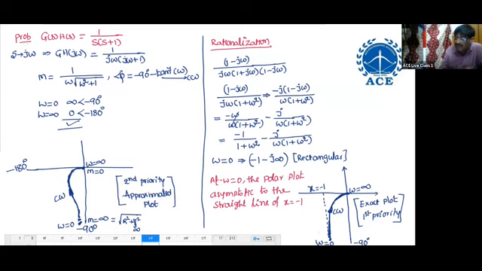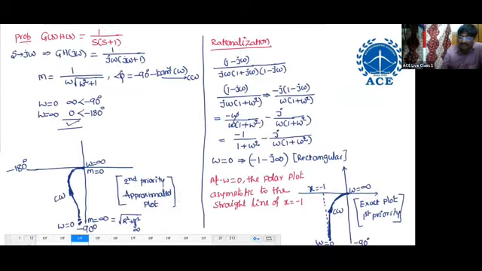Generally they are asking two varieties of questions here on this exact plot. What are they? Listen. G of s, h of s equal to k by s into s tau plus 1. One form they are asking.